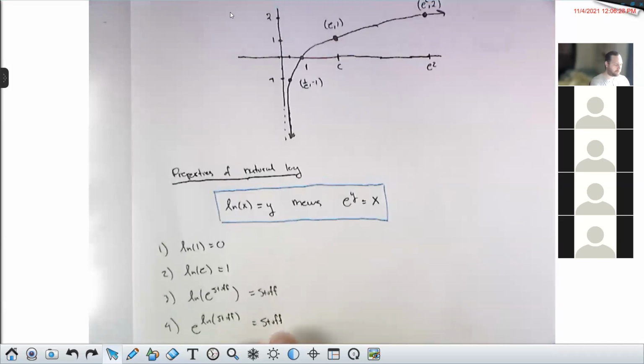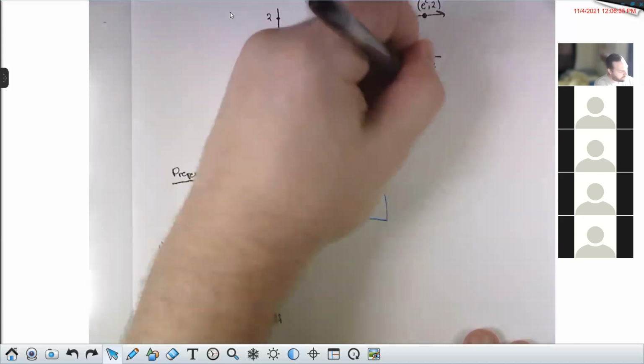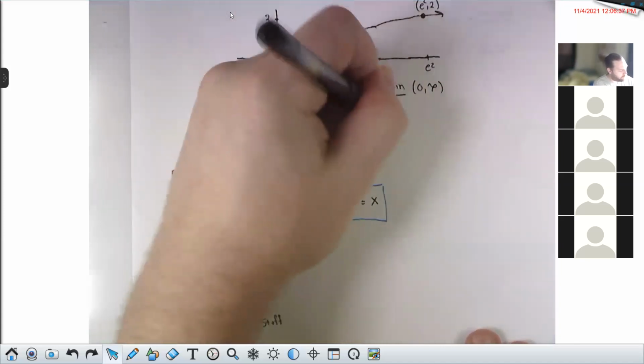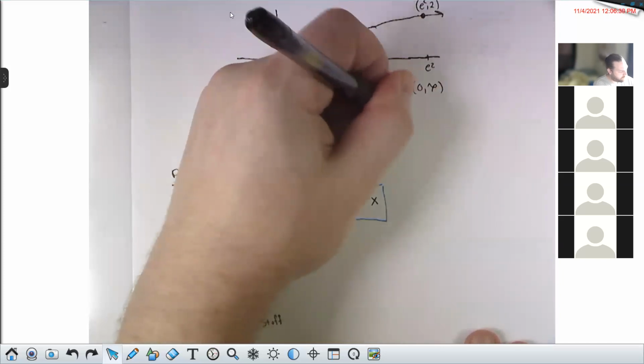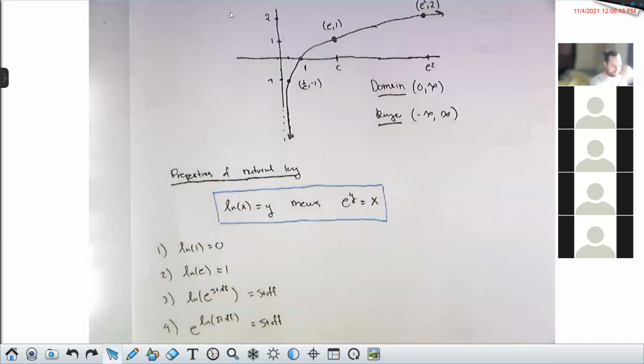The domain of the natural log is the same as the domain of the other logs we've talked about. 0 to infinity, and the range of the natural log is negative infinity to positive infinity.